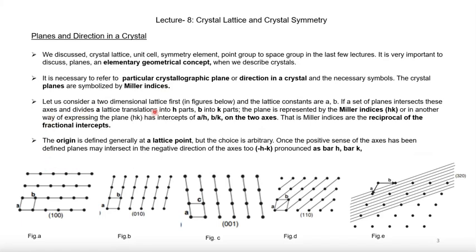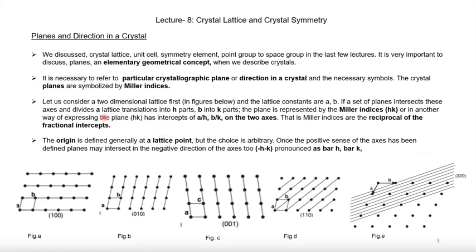Let us consider a two-dimensional lattice. In the figure there is the B direction and the A direction. If we call this our unit cell, then the unit cell is extended.